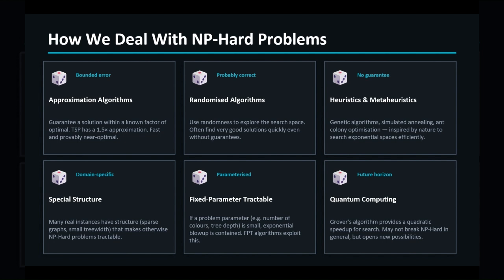If the number of colors k equals 3 or the tree depth is bounded, algorithms can be efficient even if n is huge. And quantum computing, while it doesn't break NP-hard in general, offers quadratic speedups via Grover's algorithm and opens new avenues we're still exploring.